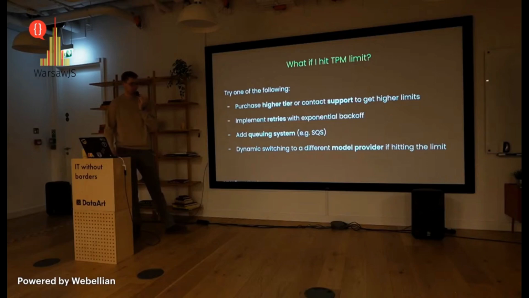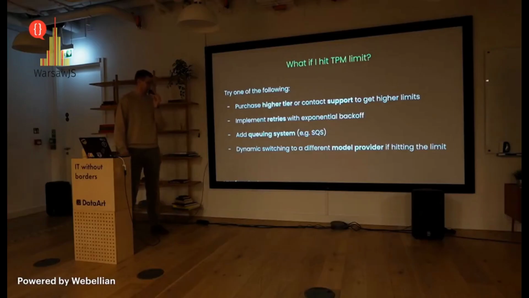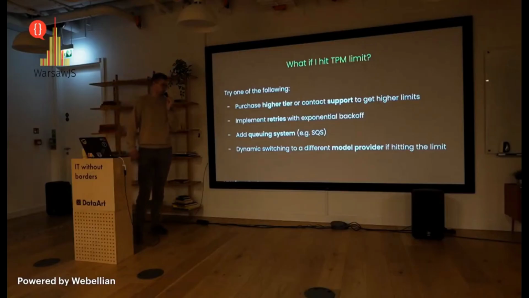And based on that, put some calls in the queue, and when the token is released, you will take this call from the queue and send it to the model provider. So we also implemented something similar. And another option is just to switch to a different model provider when you're hitting the limit, like a fallback.